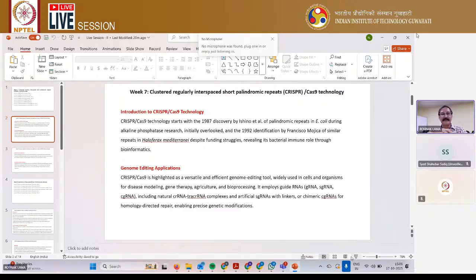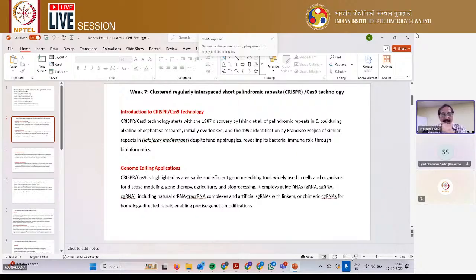That started with a discovery by Ishino et al., who found palindromic repeats in E. coli during alkaline phosphatase research. This was initially overlooked, but by 1992 it was identified by Francisco Mojica, who saw similar repeats in Haloferax.